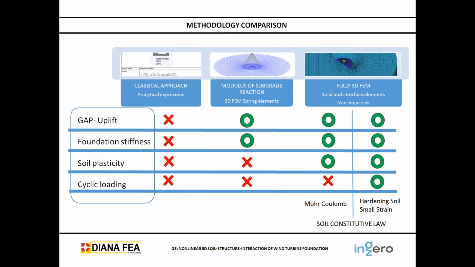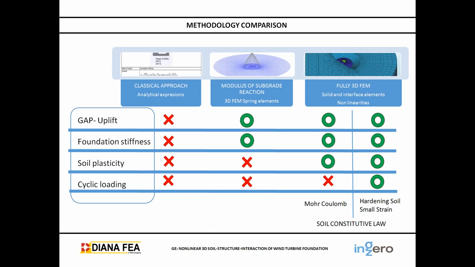Here we have a matrix in which we compare the 3 different methods with the different nonlinearities we believe are important when designing a foundation. The classical approach does not consider gap or uplift, nor the foundation stiffness, nor the soil plasticity, nor cyclic loading. The modulus of subgrade reaction method, with FEM models, considers the gap and uplift and the foundation stiffness, but doesn't consider soil plasticity or cyclic loading.